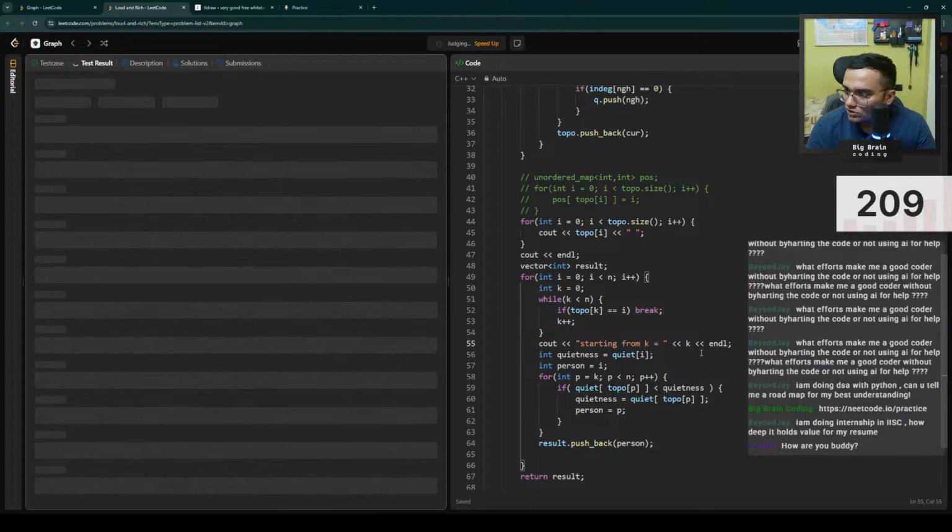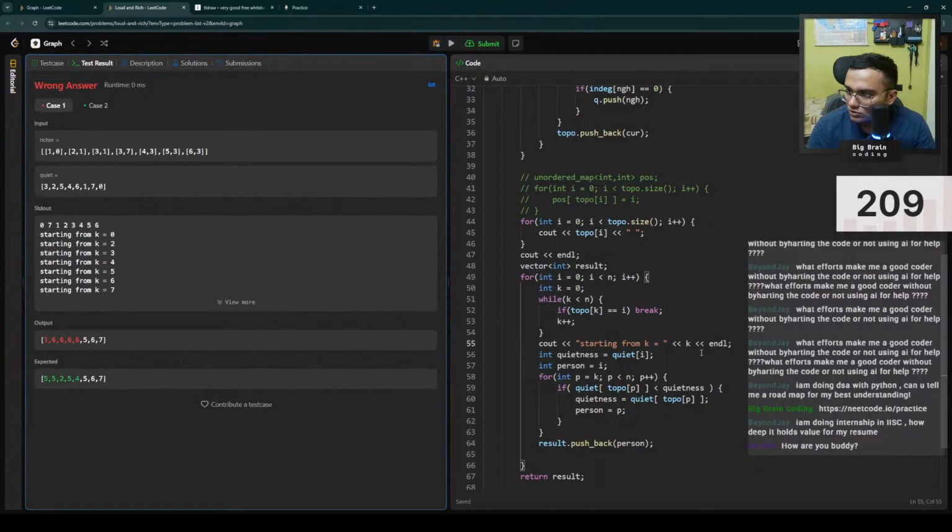I am doing internship in IISC. How deep it holds value for my resume? What is IISC? Indian Institute of Science, Bengaluru. I don't know how prestigious IISC is, but it all depends what work you are doing, what skills you are developing there.